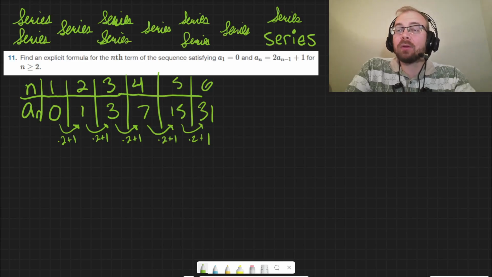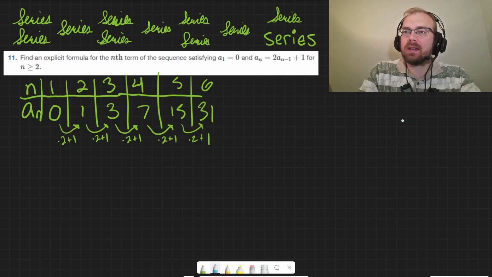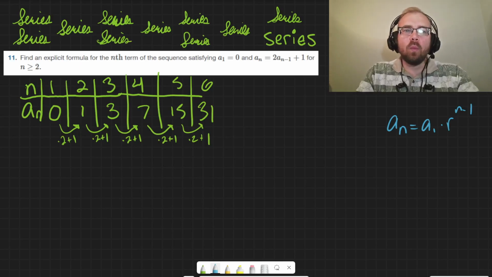I don't know if I have a really good answer for this, but basically what finally allowed me to get the answer was this. We know that if it's a geometric series, then a sub n equals a sub 1 times r to the n minus 1, right? And the common ratio is what you're multiplying by each time.